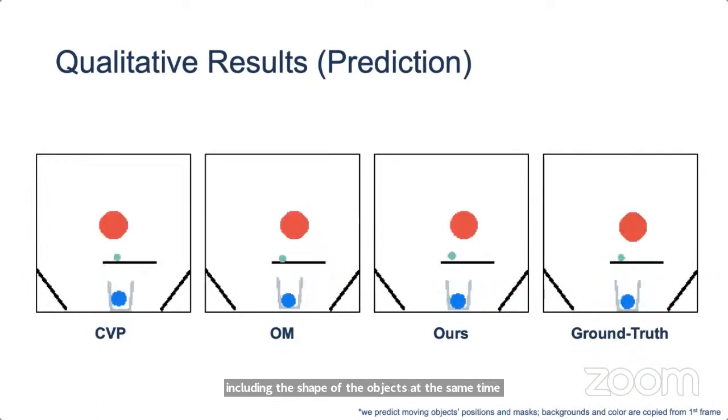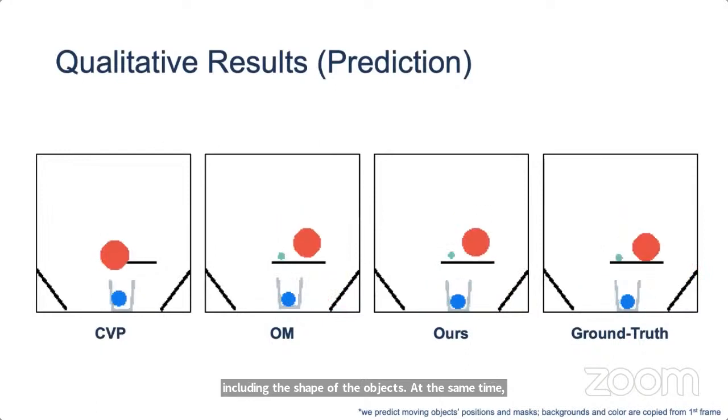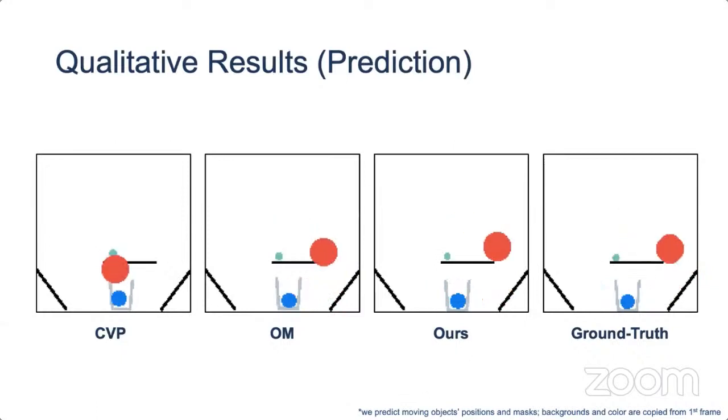Our prediction is quite close to the ground truth, even with very complex multiple-object interactions, while the convolutional video prediction fails and the objects penetrate across each other, because it encodes the object representation independently from the environment. So it does not capture the context information in CVP.